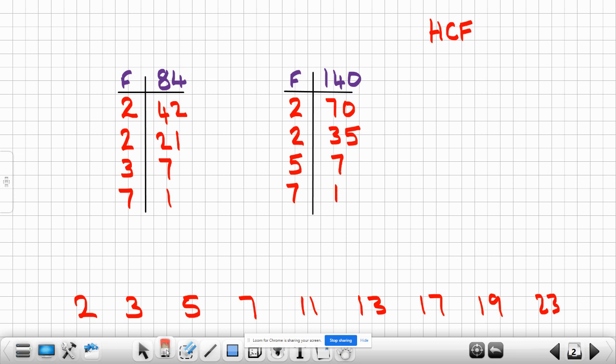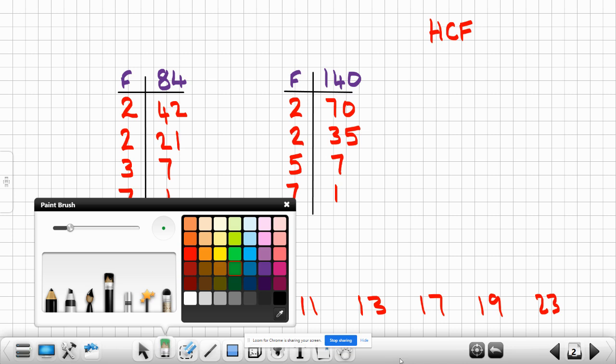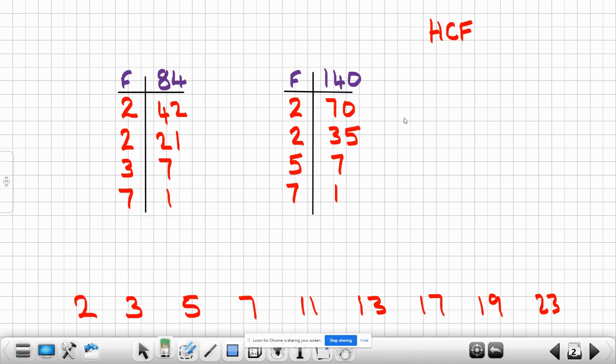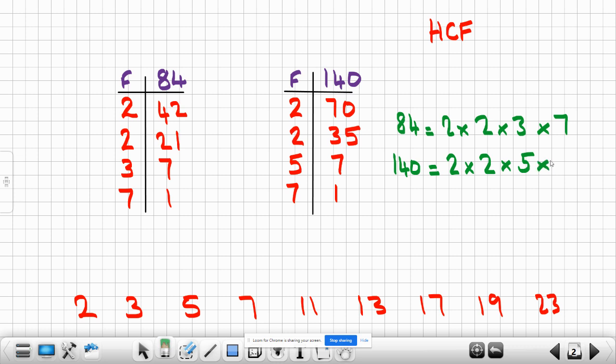So there we have it. Now we're going to write them up. So 84 is 2 times 2 times 3 times 7, and 140 is 2 times 2 times 5 times 7. What we're going to do now is look for the highest common factor. So we look at all of their factors and we find what they have in common.